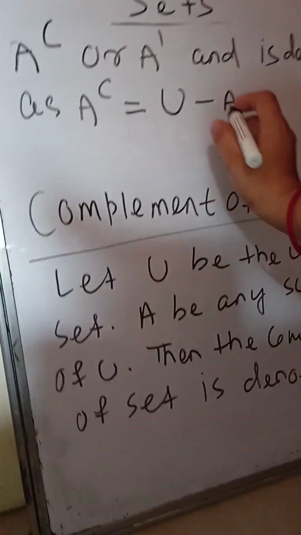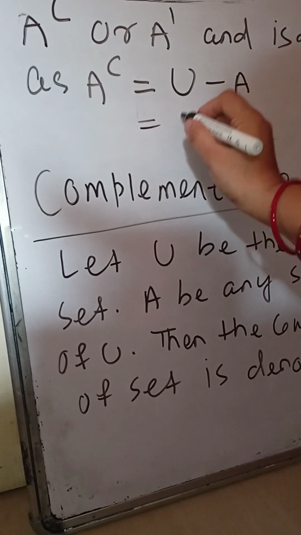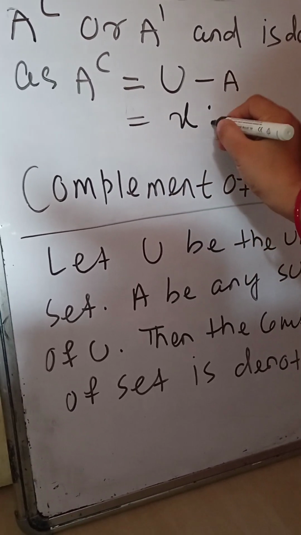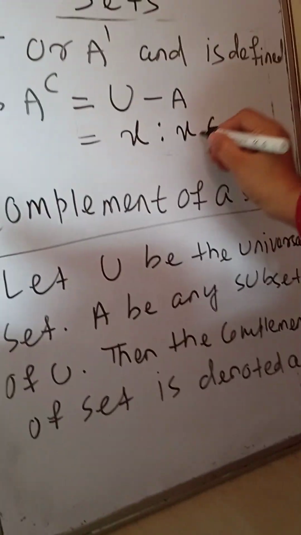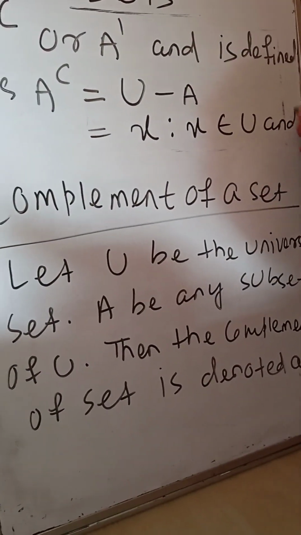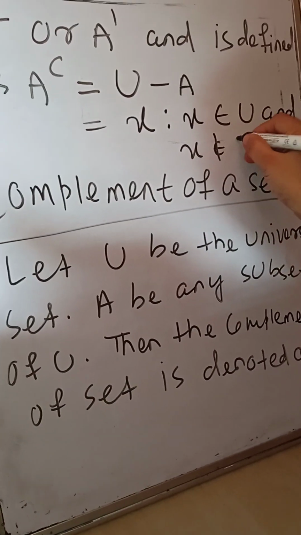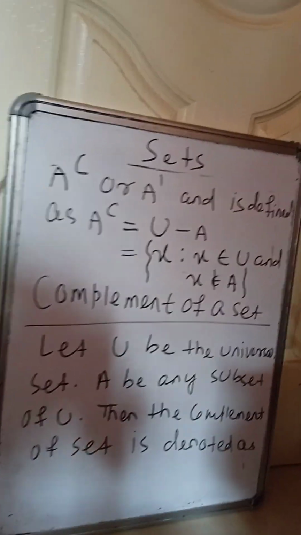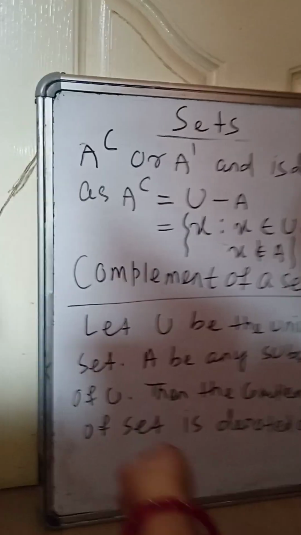As we discussed previously for the difference of two sets, U minus A means the set of elements x present in U and not present in set A. So we consider those elements of U which are not in set A.